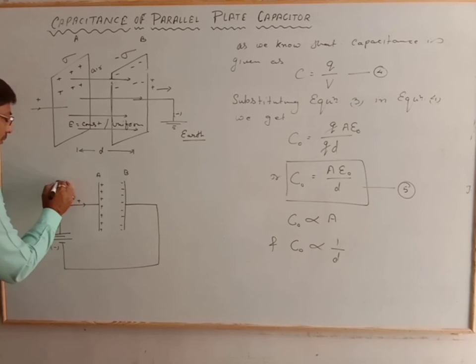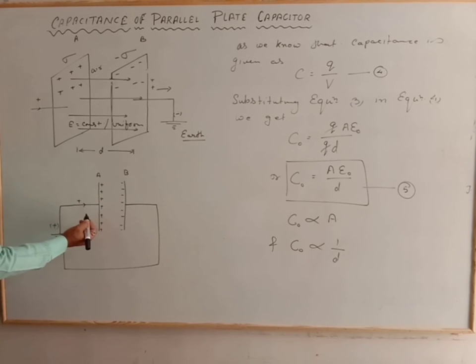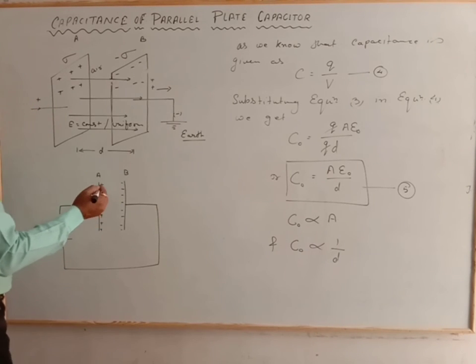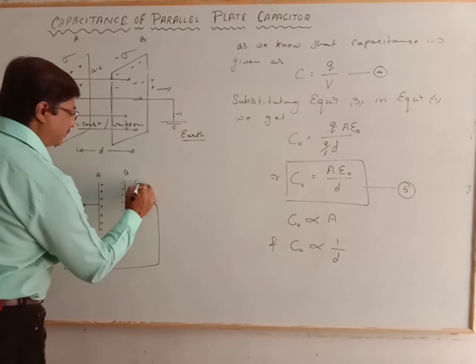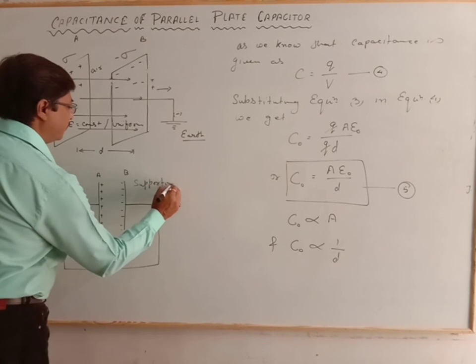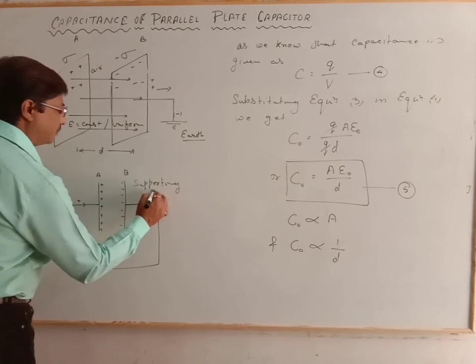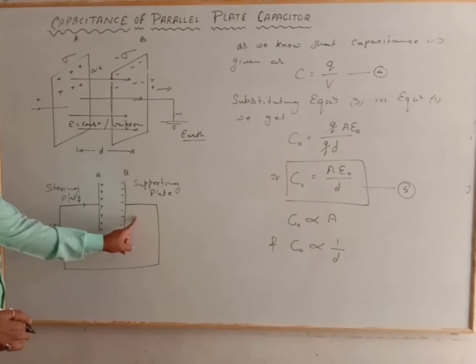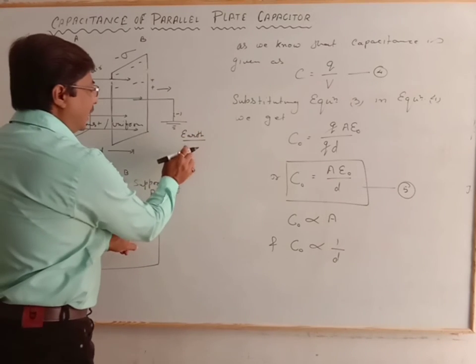This one is the storing plate, and this one is the supporting plate, which we learned in the previous class. What do we observe? The higher potential and lower potential. The positive terminal is connected with plate A, and the negative terminal is connected with the other plate, which we consider here as earth.